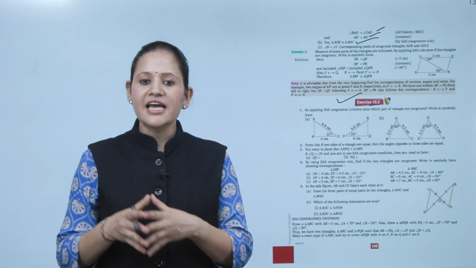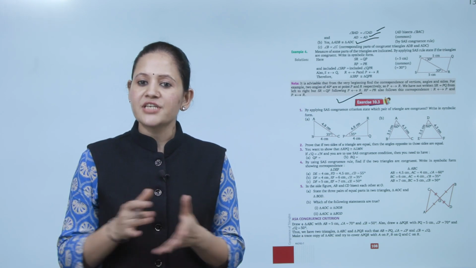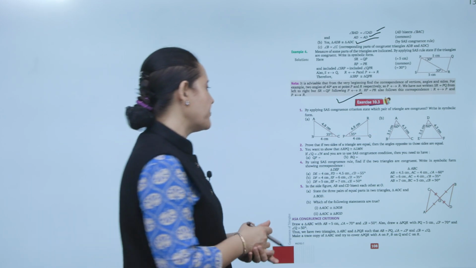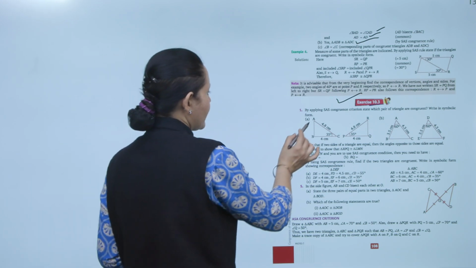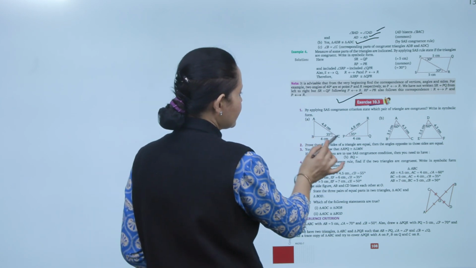By applying SAS congruency criterion, state which pair of triangles are congruent. Write in symbolic form. So, here AC is given.